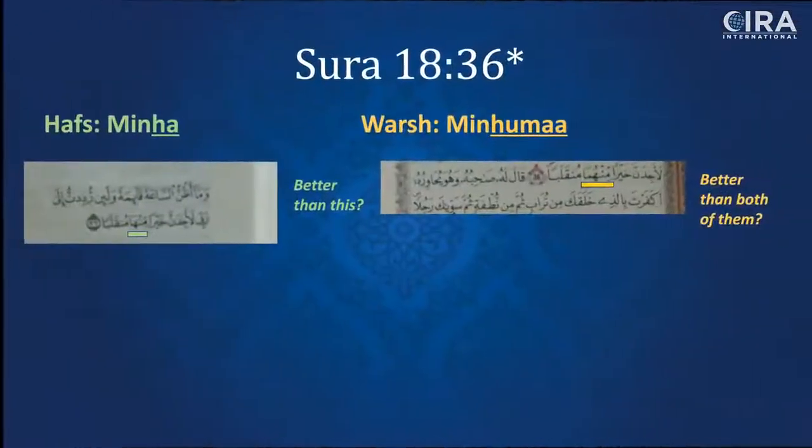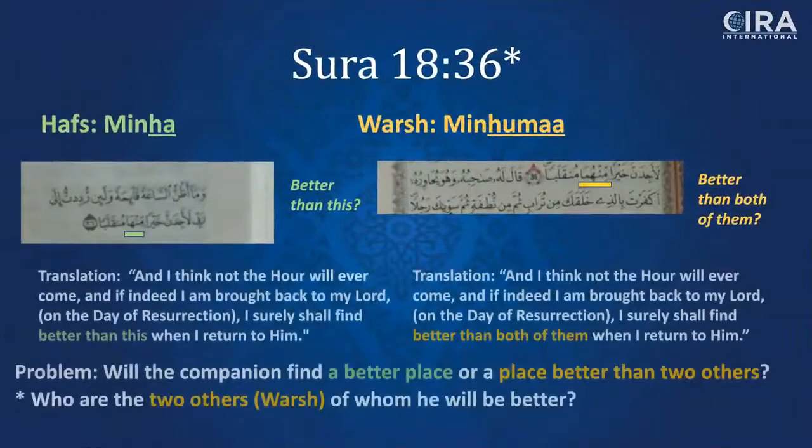Let's go to chapter 18, verse 36, and here you have Hafs and you have Warsh again. In this case, it has to do with a singular versus a plural. Hafs reads minha, which is basically in a singular, better than this. It's making a comparison here.